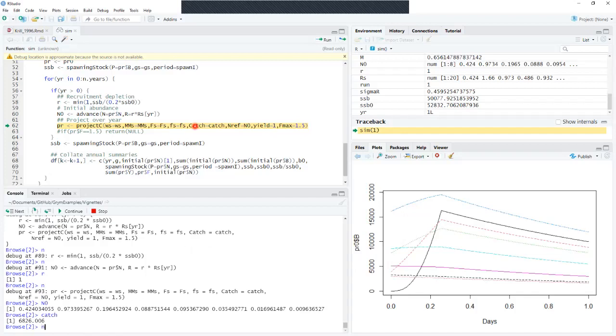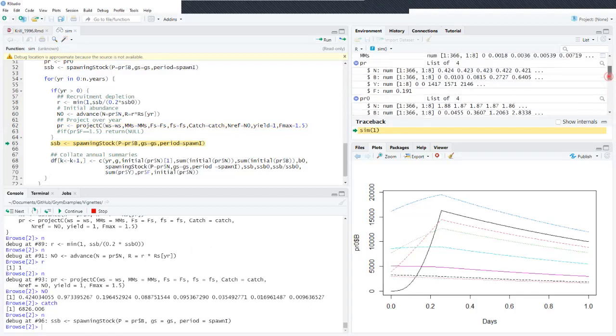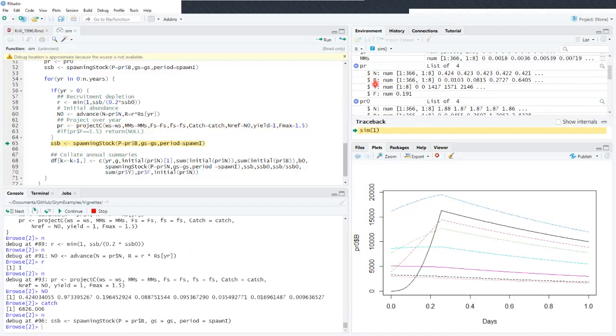If we take one step, if we look at PR now, it's a list of 4 items: the abundance, the biomass, the yields in each class, the time, the final yields in each class, and the F that was required to generate these yields.